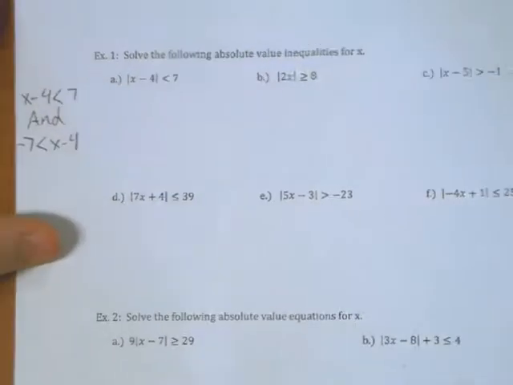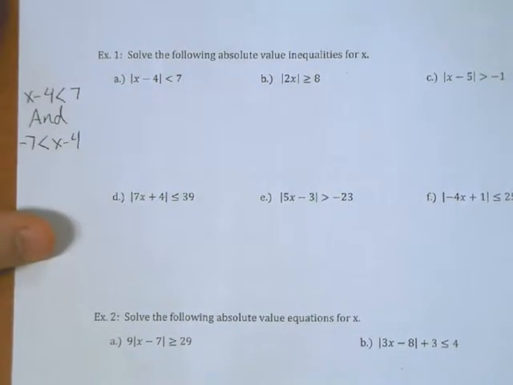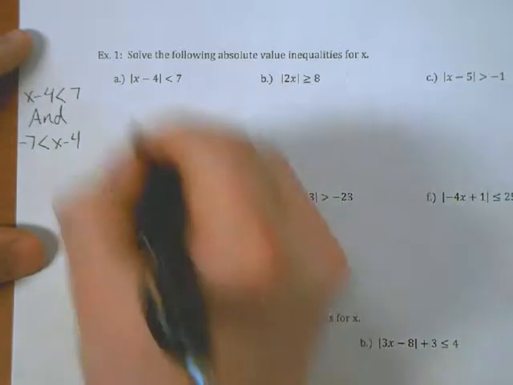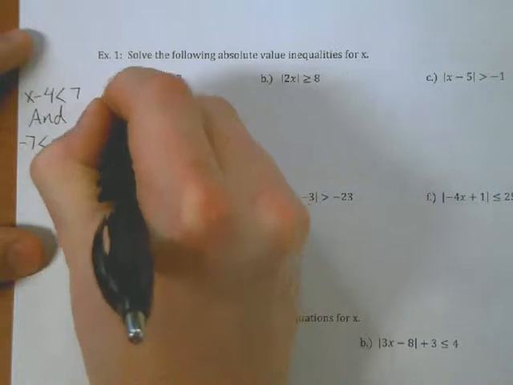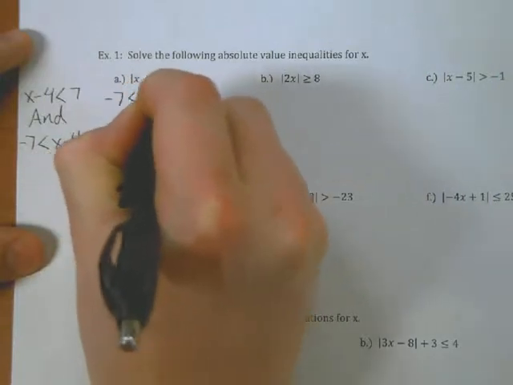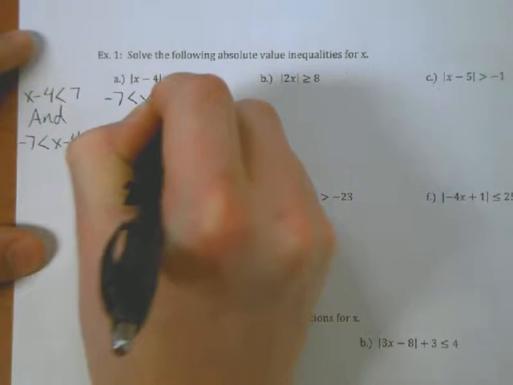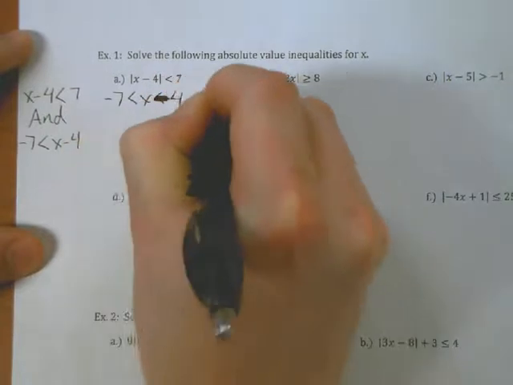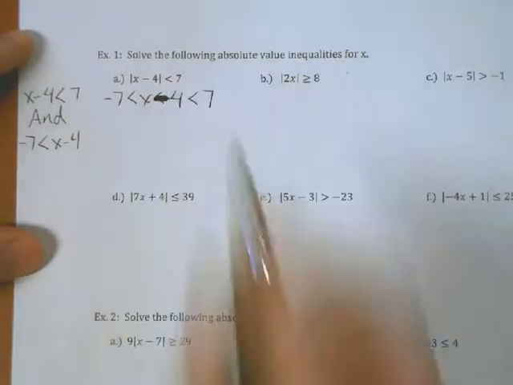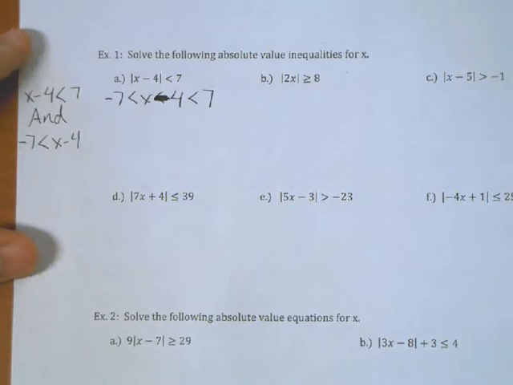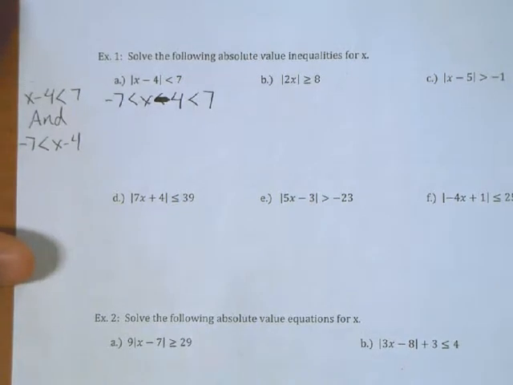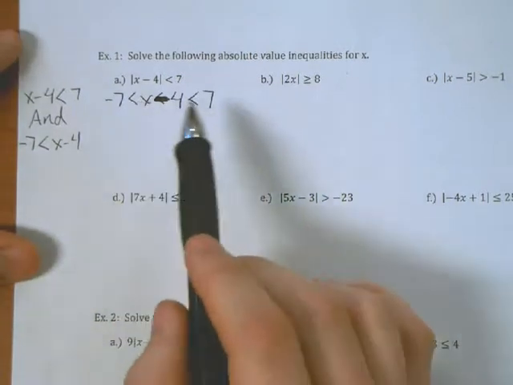That's one way to write it. Another way to write it, which is the way that I suggest, is negative 7 is less than x minus 4, which is less than 7. This is how you would treat this like an "and" inequality.